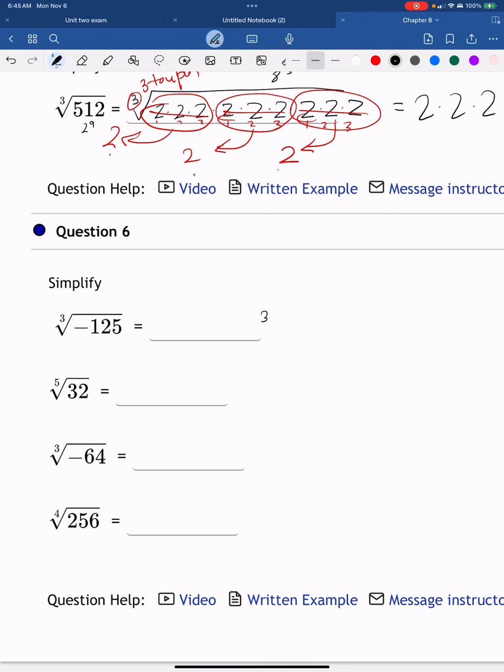Now note, this is odd. So when we have an odd root of negative stuff, this will equal negative times the root of stuff.